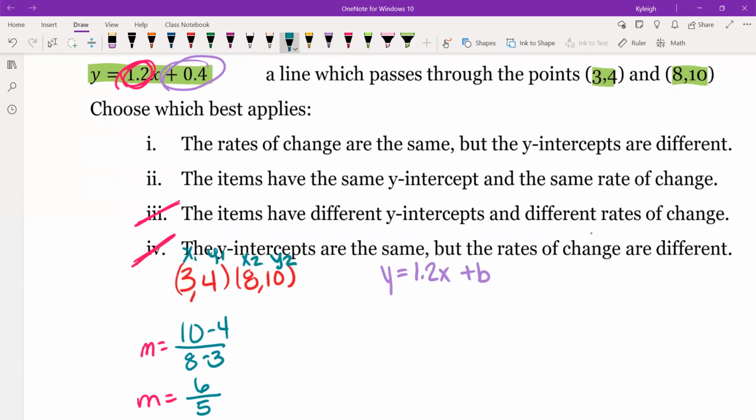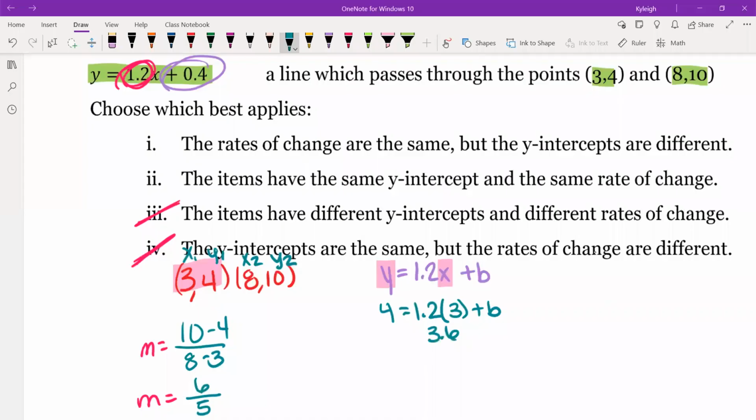Okay, so we're going to plug in one of our ordered pairs. I'm going to go with (3, 4) for x and y. So y is 4, 1.2 times 3, and we want to solve for b. So 1.2 times 3 is 3.6, plus b equals 4.